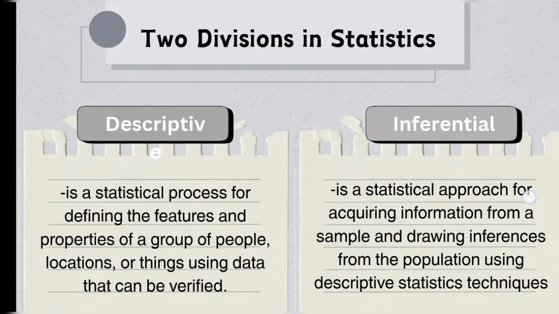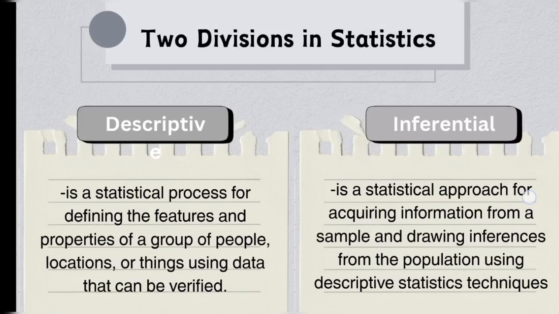So now let us proceed to the two divisions in statistics. In the two divisions in statistics, we have the descriptive and inferential. So let us first discuss the descriptive. Descriptive is a statistical process for defining the features and properties of a group of people, location, or things using data that can be verified.